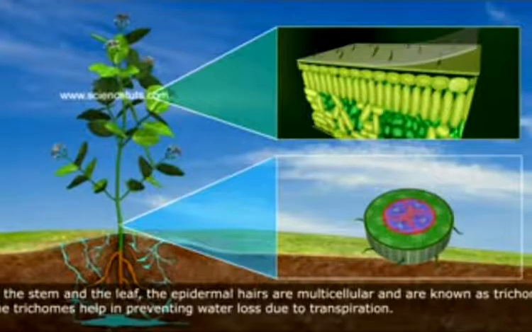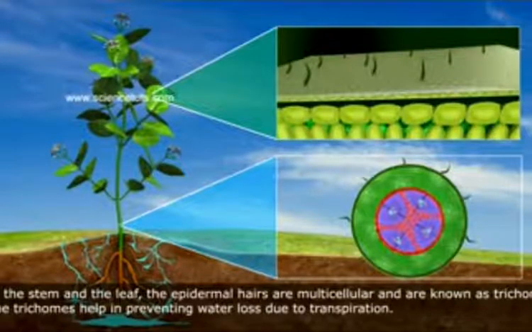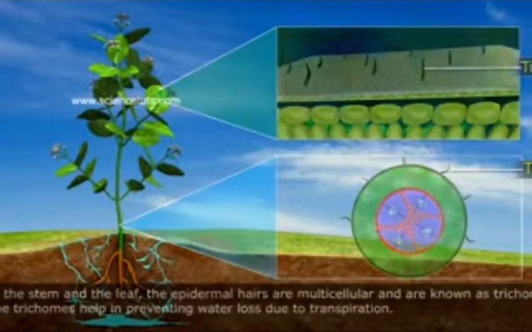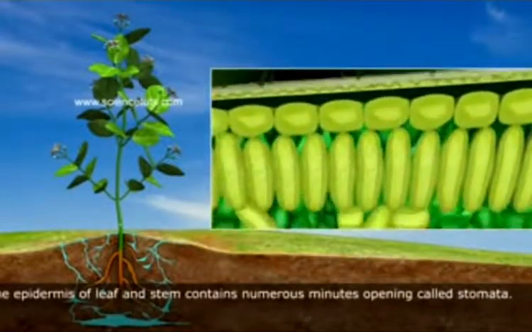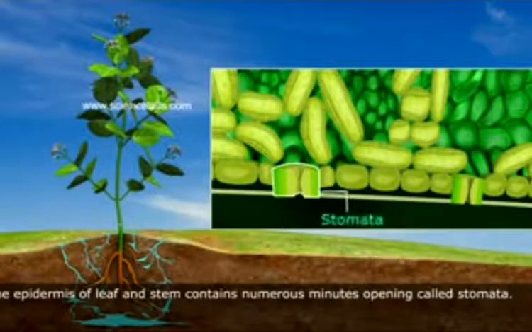In leaf and stem, the epidermal hairs are multicellular, known as trichomes. Trichomes help in preventing water loss. This epidermis of leaf and stem contains numerous minute openings called stomata.